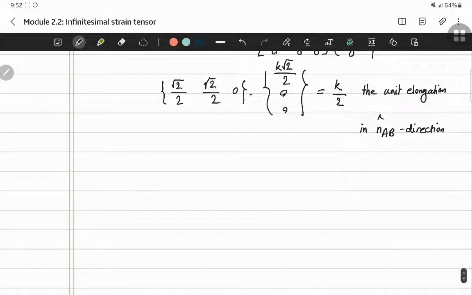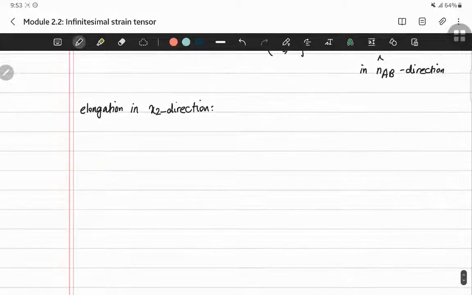So if we want to know how it elongates in the x2 direction, then we have N dot EN, and this time N is 0, 1, 0, because it is e2.